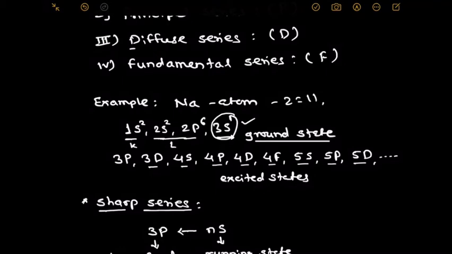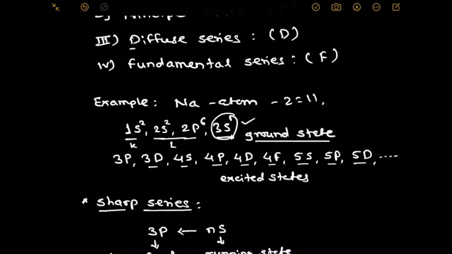If the electron goes from the ground state to a higher energy state, it does not remain in that state permanently. It comes back again from higher to lower state. Excited states are the higher energy states. Now, under the Sharp series, we get a series of spectral lines.